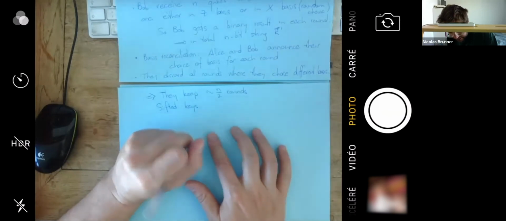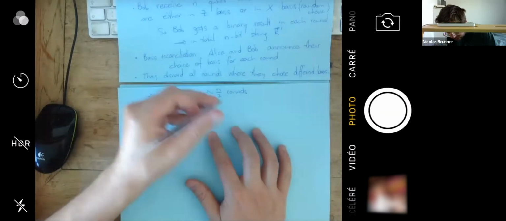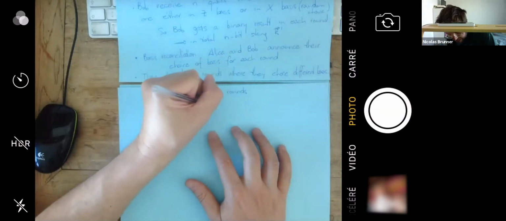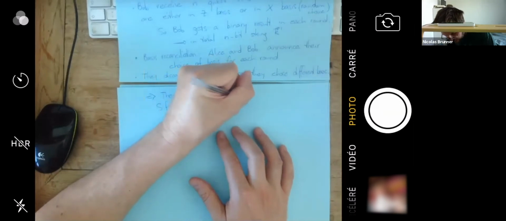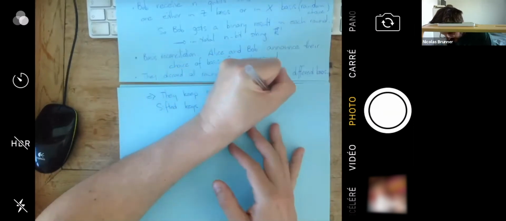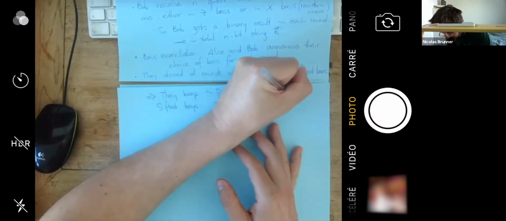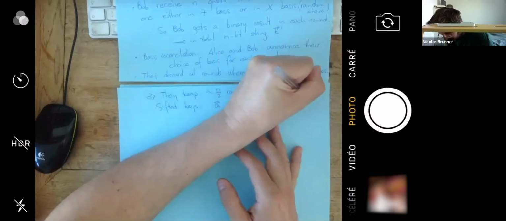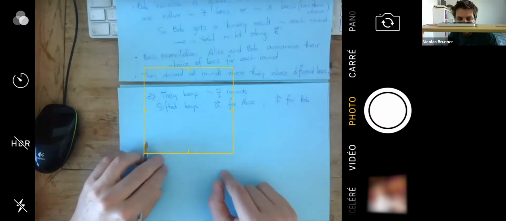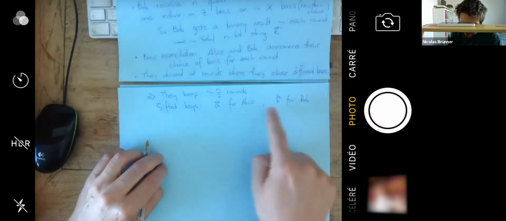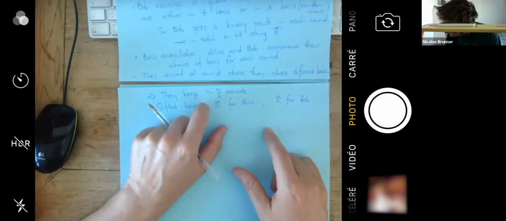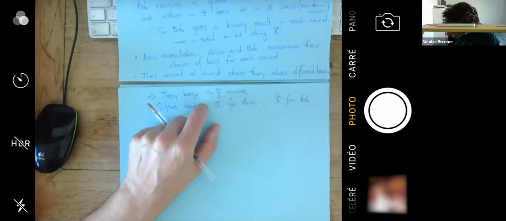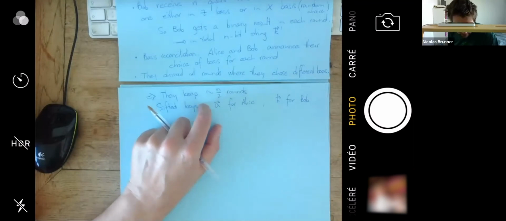Let's call it A for Alice and B for Bob. Okay, and A and B are bit strings of length n over 2, more or less.